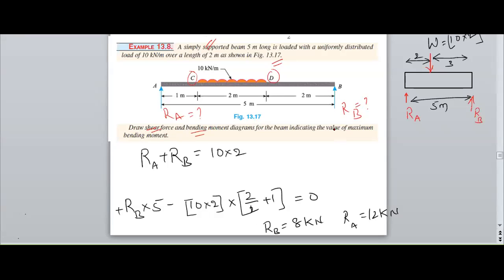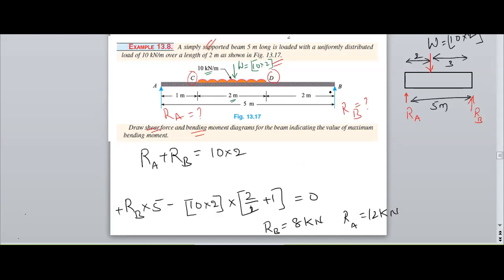So here I need to convert the UDL into a point load of capital W. The magnitude is 10 and the distance is 2. Therefore, 10 into 2 is the point load I can apply, and I can remove the UDL now.